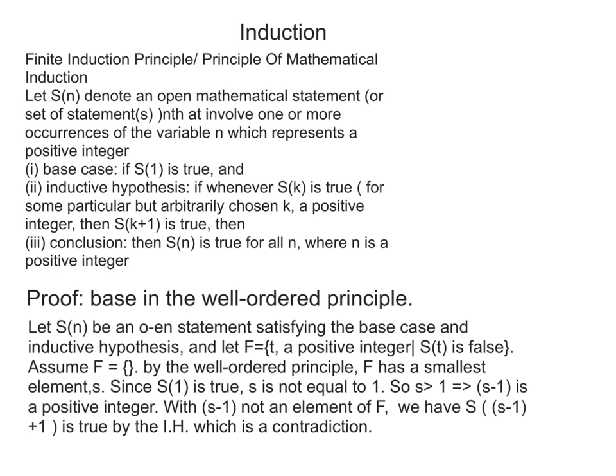Don't worry too much about this proof, but I wanted to give you an outline so you can see how it's based on the well-ordered principle. It depends on having a smallest element s.